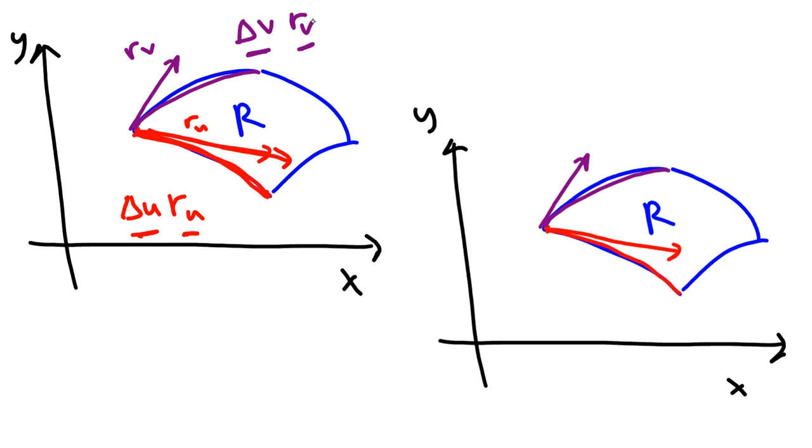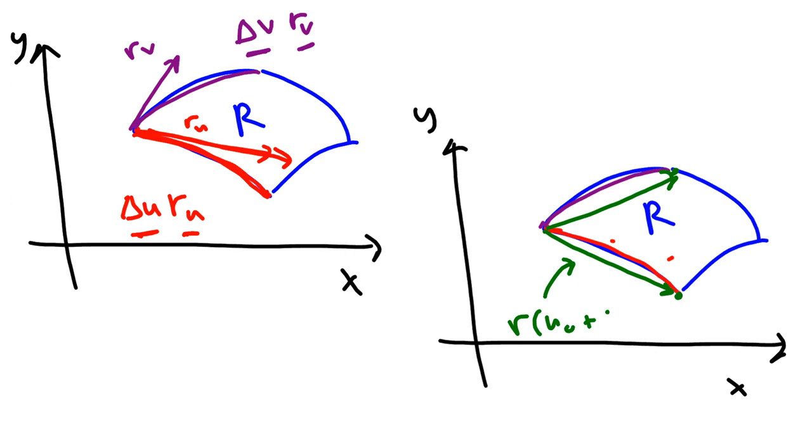Okay, so there's another thing we could do if we want to estimate those sides. We're going to go over this picture here, and you notice I'm erasing those tangent vectors. What I'm going to draw in instead, let's use a more dramatic color, are these two little green vectors, and these are secant vectors. So for example, this secant vector on the bottom, we can call r of u sub 0 plus delta u comma v0.